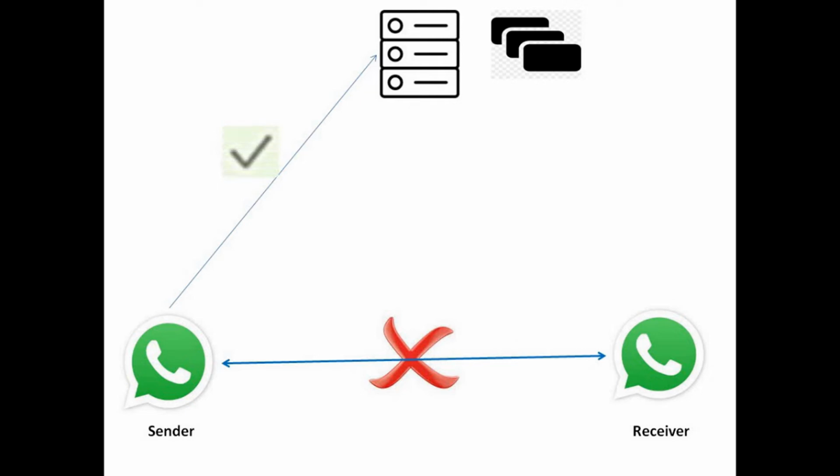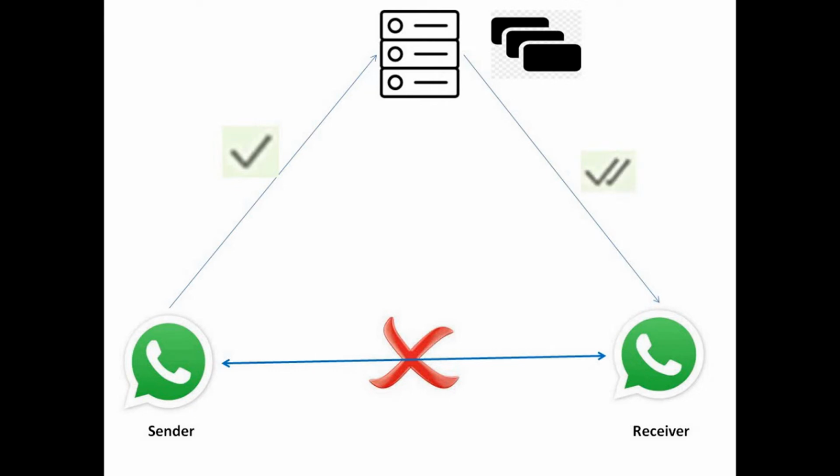Once you send the message to the server, you can see the single tick in your WhatsApp. Let's say the receiver's internet is down. That means it will be in the queue, with a single tick, until the internet is up for the receiver. Once the internet is up for the receiver, they will get the message.